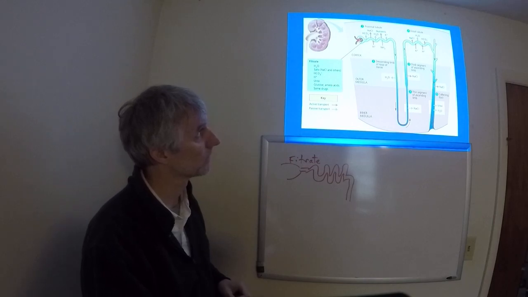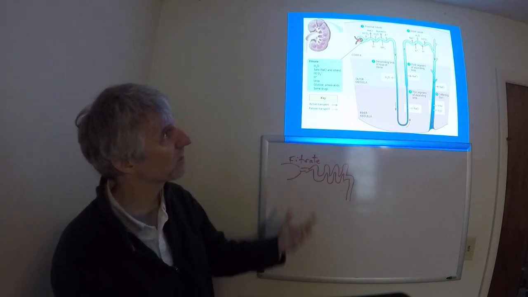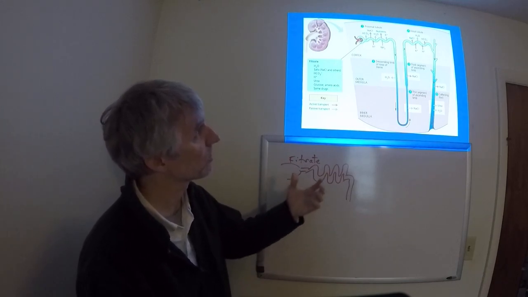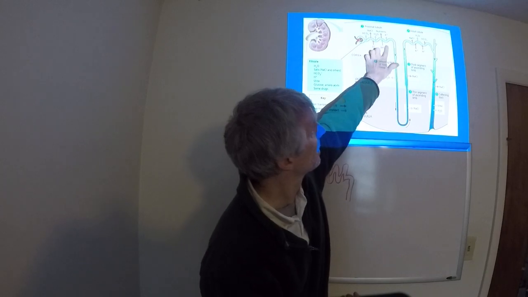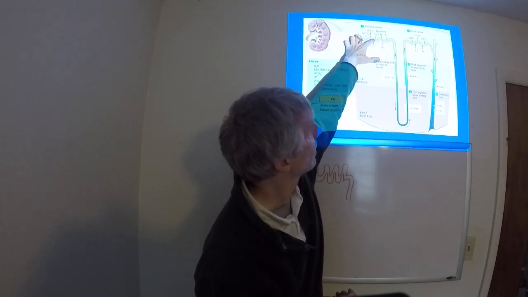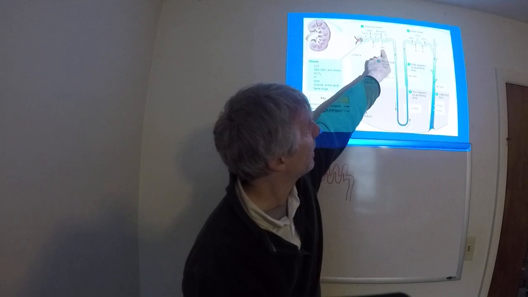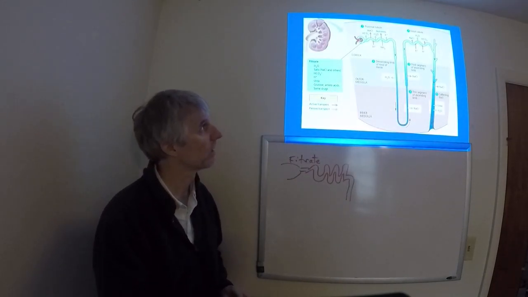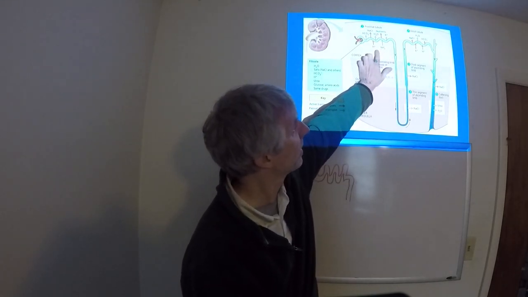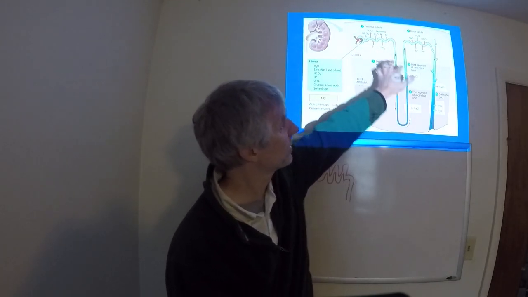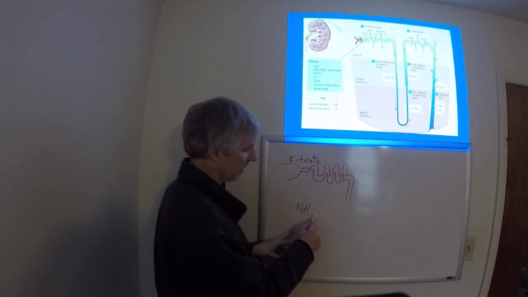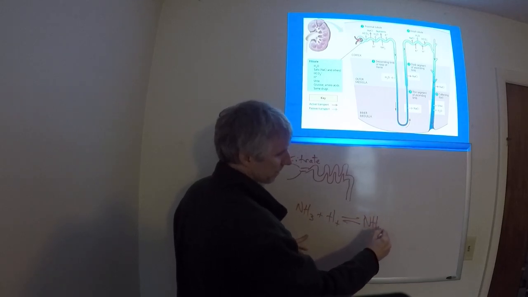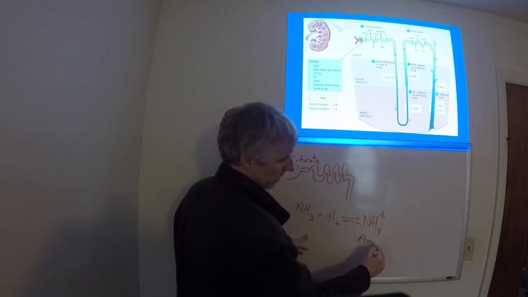Okay? All right, we also have some passive transport occurring. The passive transport occurs with bicarbonate, potassium ions, and water, as well as NH3. Now, NH3 is ammonia, and if we have the ammonia plus hydrogen ions, that should give us a bunch of ammonium, which is this one.